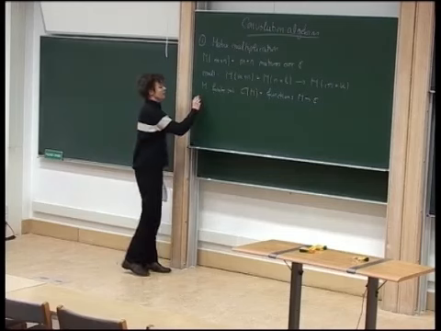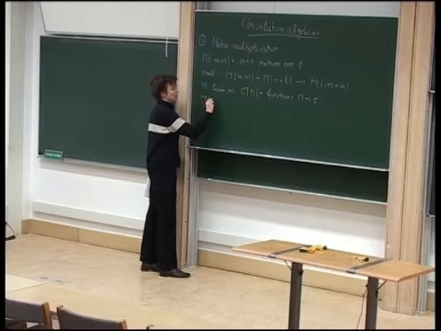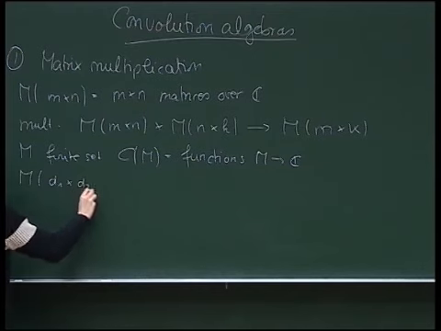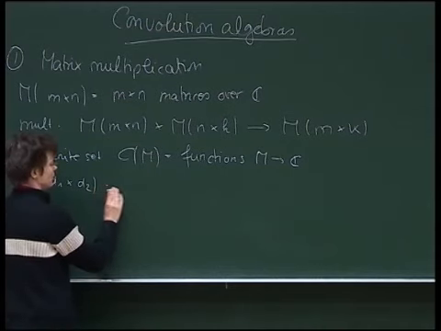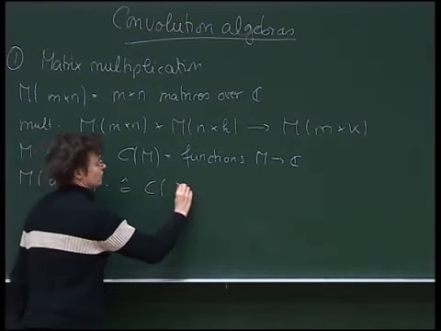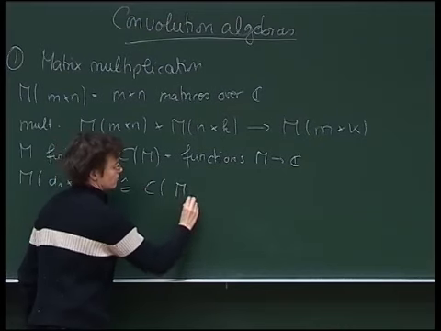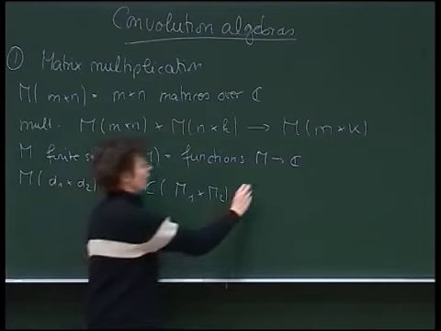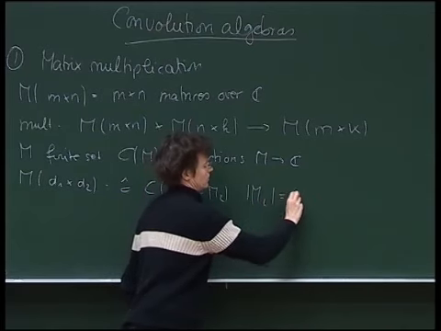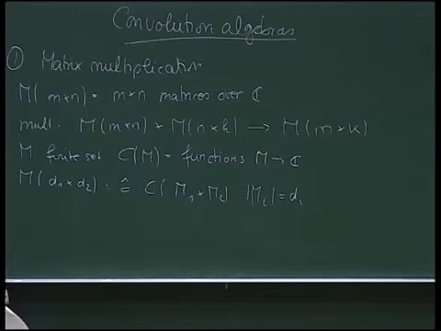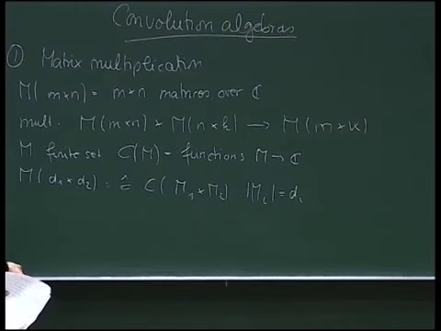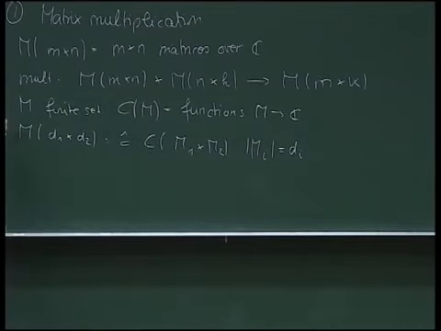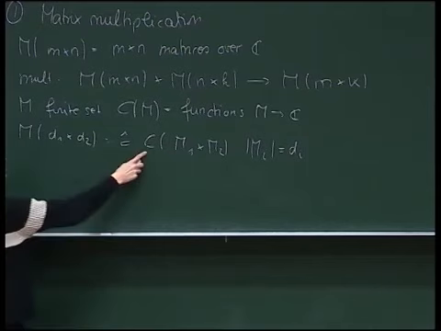Then, of course, we can identify matrices of size d1 times d2 with functions on a finite set M1 cross M2, where Mi has di elements. This is nothing difficult. And then this matrix multiplication just becomes convolution in terms of functions on this set.